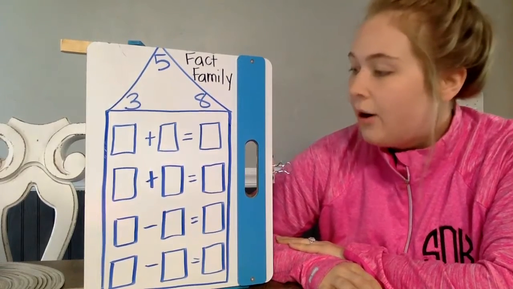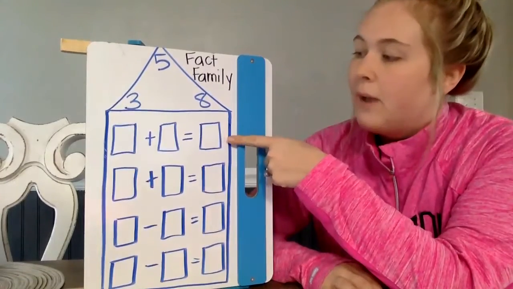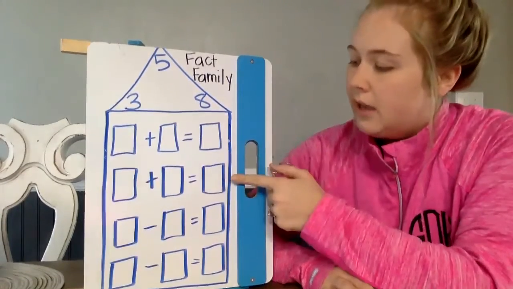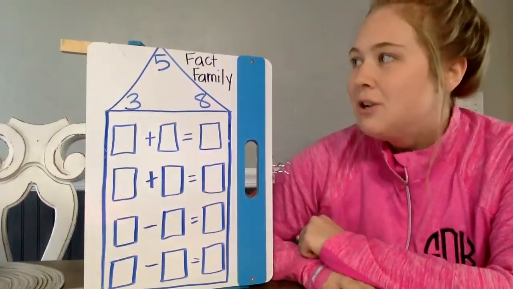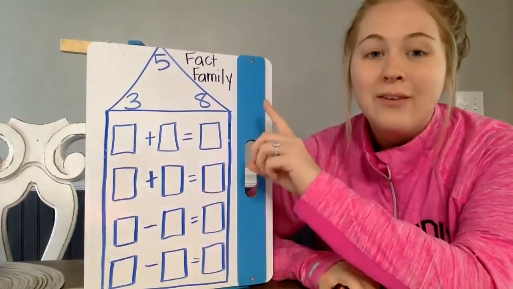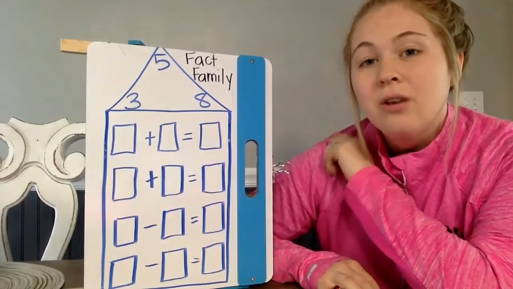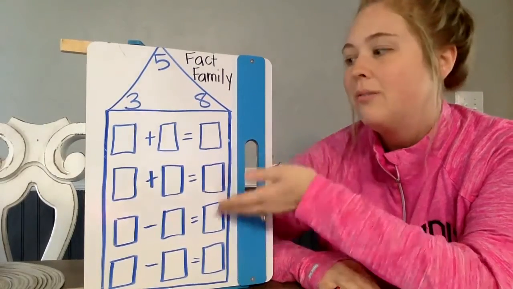So you can see I already have 4 set up for us. I have the first equation or math sentence here, the second one, the third one, the fourth one. So I'm going to show you today how each family member in this fact family is related and how you can use these 3 numbers to make 4 equations or math sentences.